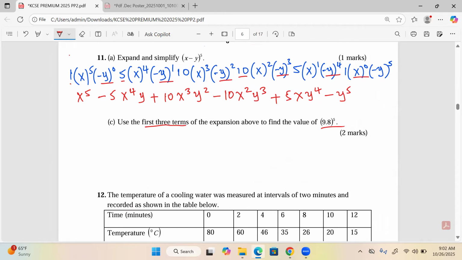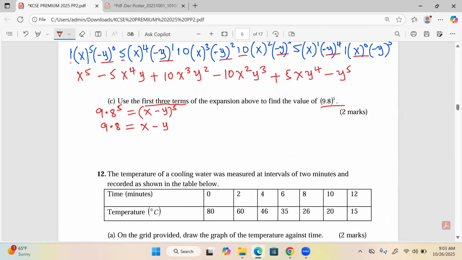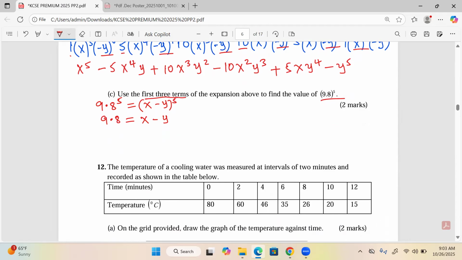To estimate 9.8 power 5. So you say 9.8 power 5 equals (x minus y) power 5, like that. So we can split this one into, the nearest whole number to 9.8 is 10. Then what do we subtract from 10 to get 9.8?